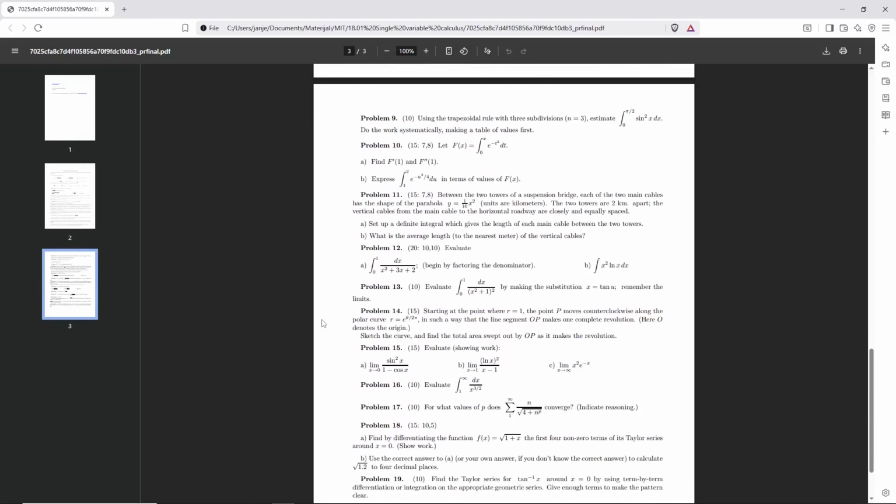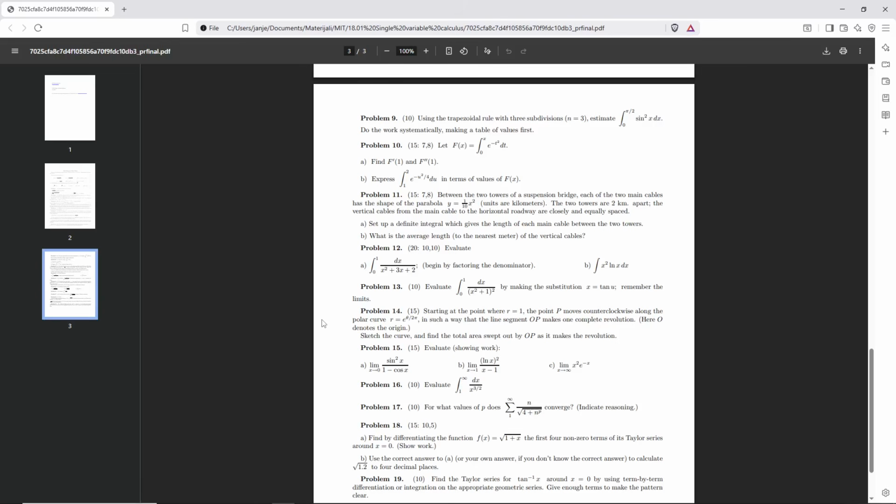Problem 14 deals with polar coordinates. We need to transform between the Cartesian and polar coordinates. We're going to have a spiral, and once again we're going to use integration to find the area under the curve.